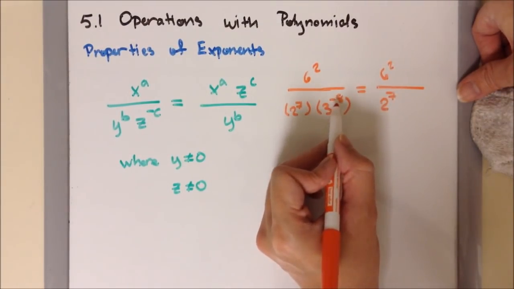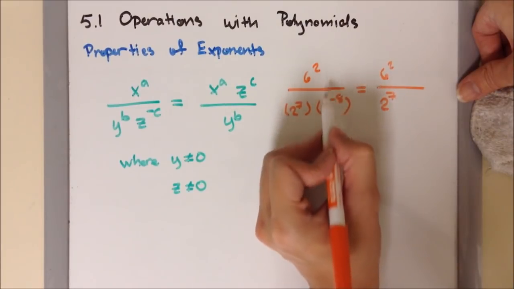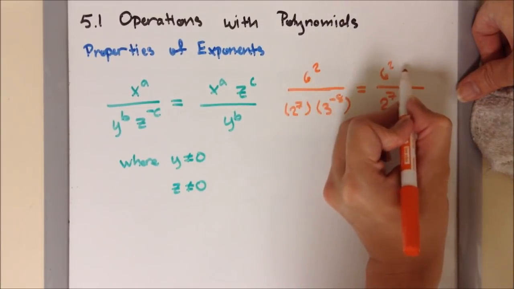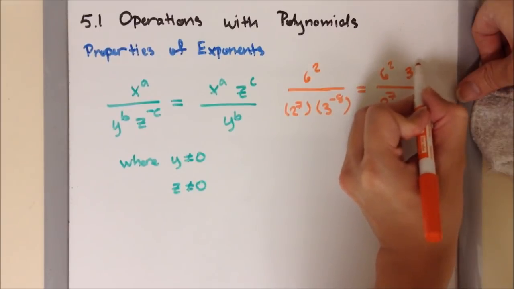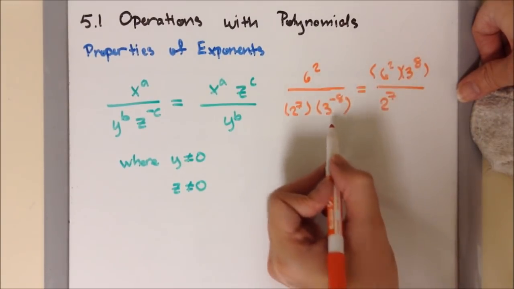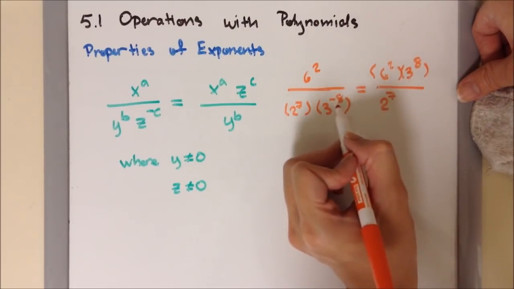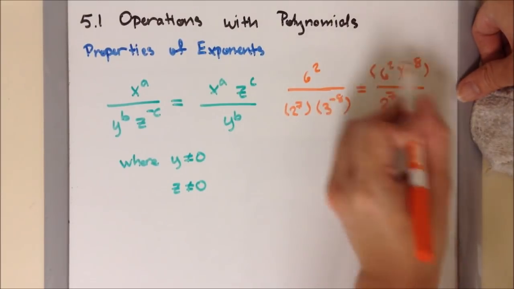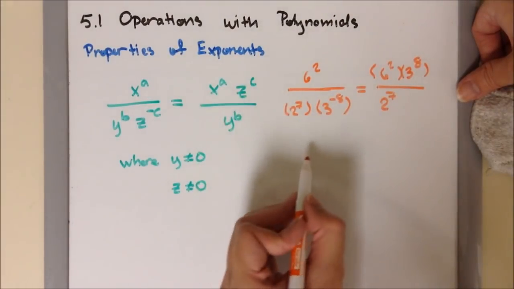Now my 3 to the negative 8 is going to go to the opposite, meaning from the bottom to the top. So 3 to the positive 8 power now. So again, I move from bottom to top and change negative 8 to positive 8. So here's my answer.